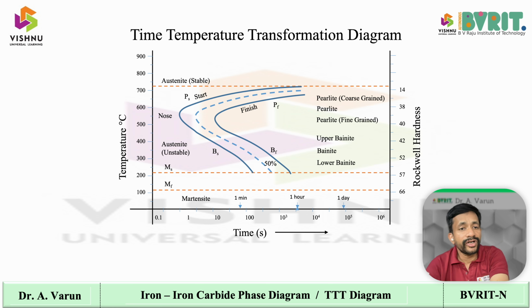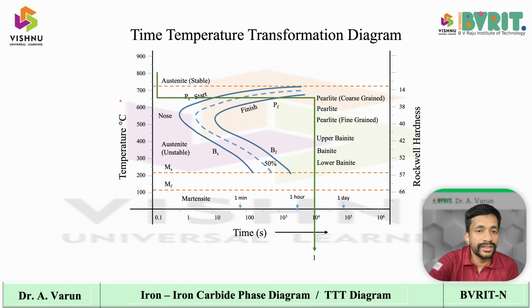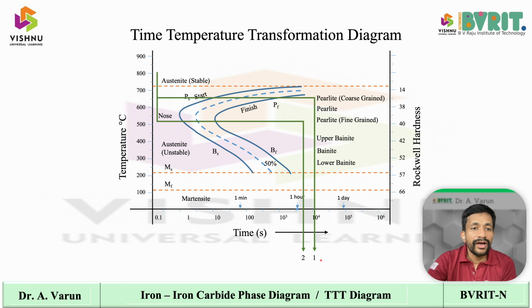Now, for example, if I want pearlite, and I am using temperature as a medium to cool it, I need to go from austenite, quickly cool to pearlite, and then quickly bring it to room temperature. So this is a little complex when it comes to cooling at a rapid rate.